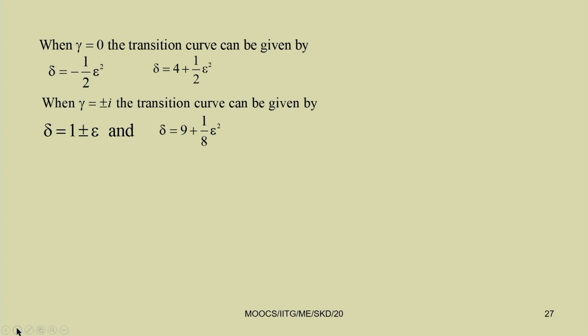You can plot this delta versus epsilon and get the transition curves. This is an assignment: plot either delta versus epsilon or omega versus epsilon to find the transition curve.